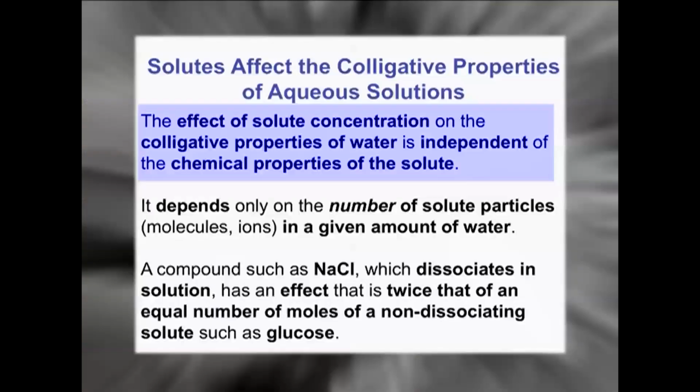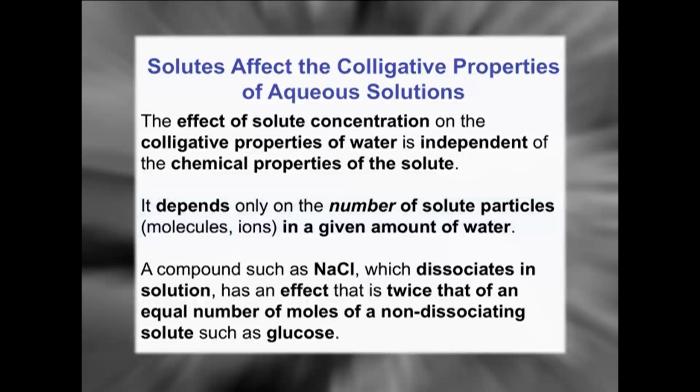And this effect is dependent upon the fact that the concentration of water is lower in the solution compared to the pure water. Now this effect of solutes on the properties of water does not depend on the chemical nature of the solute.